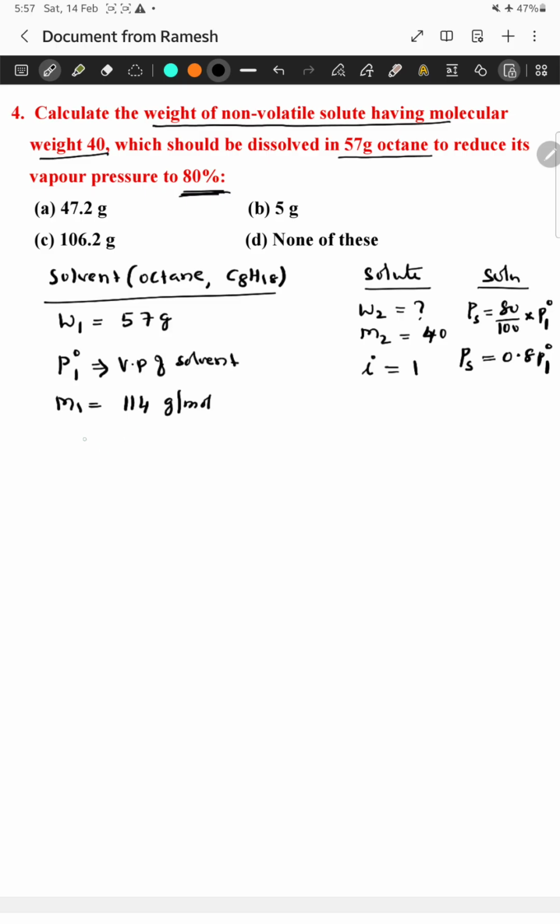Now I am going to use Raoult's law. According to Raoult's law, the relative lowering of vapor pressure is equal to the mole fraction of the solute. It can also be written as P01 minus PS divided by PS, which is another way of writing Raoult's law, equal to Chi2.